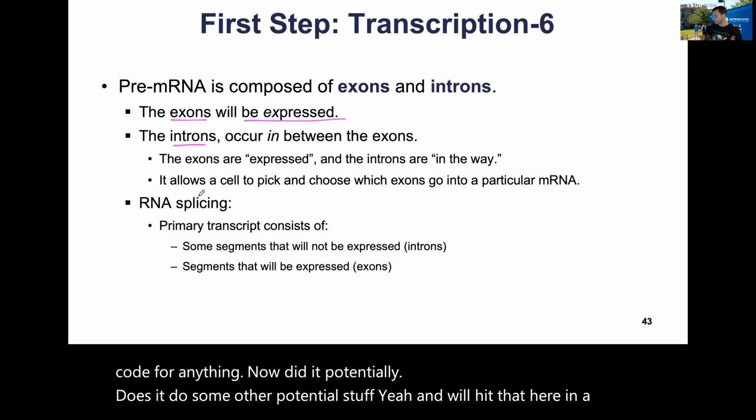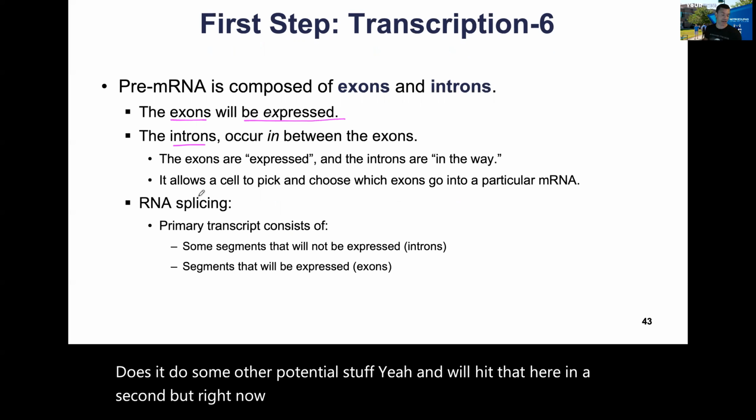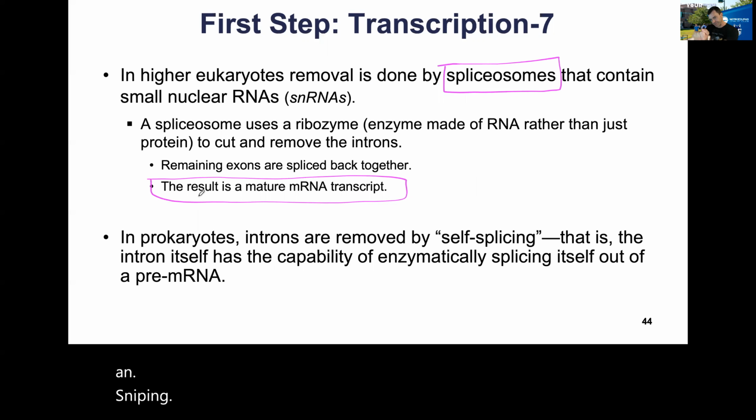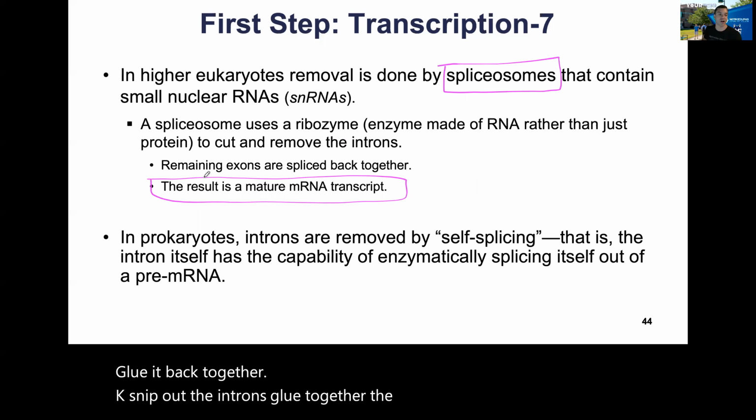But right now, as our DNA stands, it does not code for anything. So we have to splice it out. We have spliceosomes that get in there and snip and glue it back together. Snip out the introns, glue together the exons. Now we have our mature mRNA transcript.